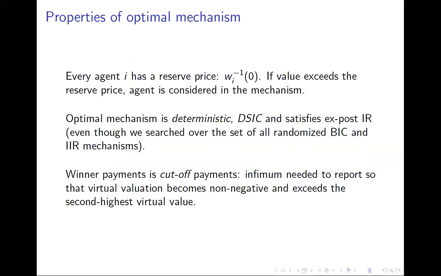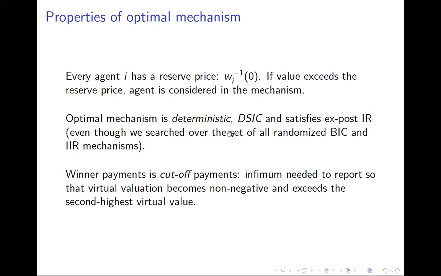So every agent has a personalized reserve price, W_i inverse of 0. And if the agent's value is below that reserve price, then he is not considered in the mechanism, because then his virtual value is negative and you don't consider him. You're only considered if your value exceeds that reserve price W_i inverse of 0. And then amongst the agents who are considered, we choose the agent who has the highest virtual value. Okay, so that's another interpretation of this.